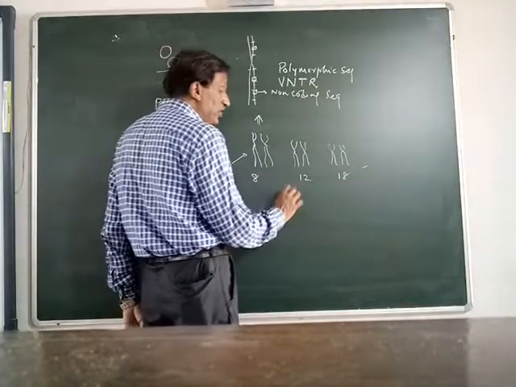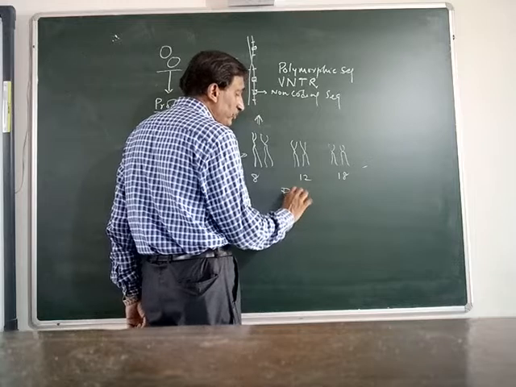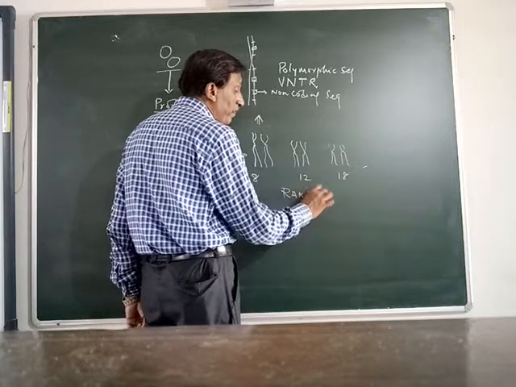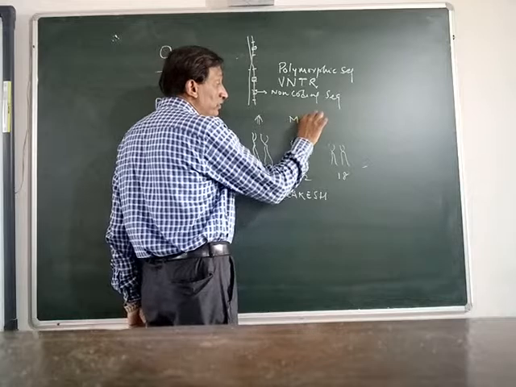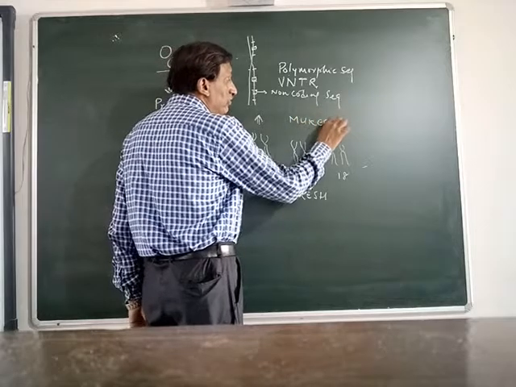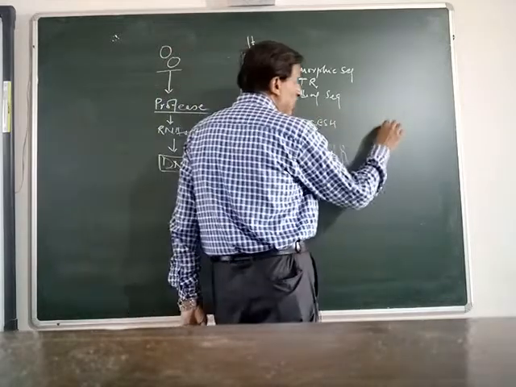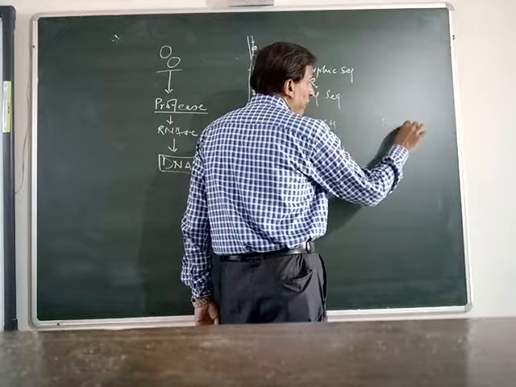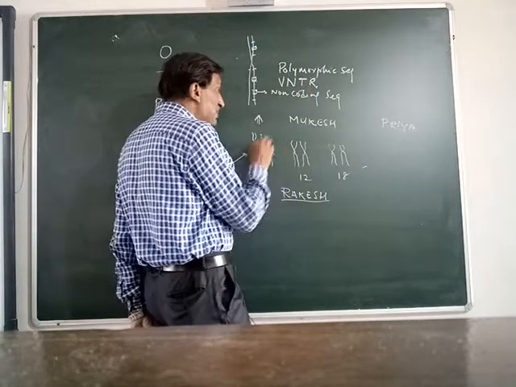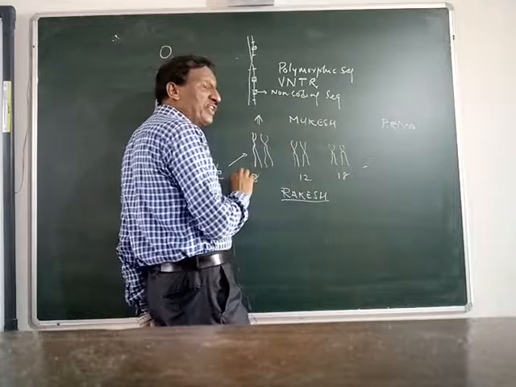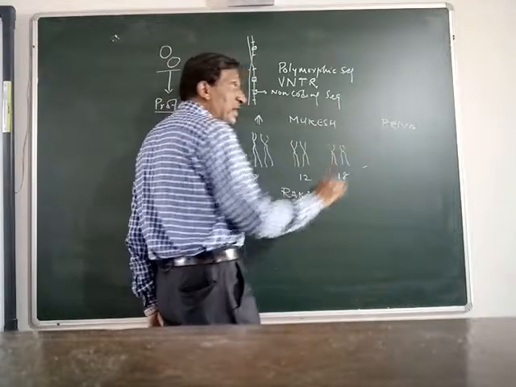Say this is the individual whose name is Rakesh, and Rakesh's father's name was Mukesh, and his mother's name is Priya. Now Rakesh will get one of the segments from his father Mukesh and another segment from Priya.